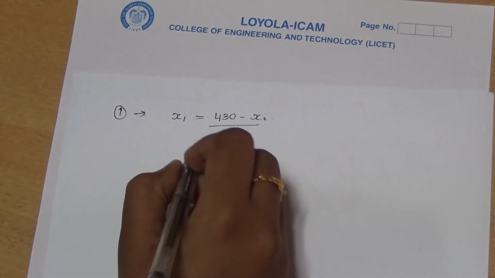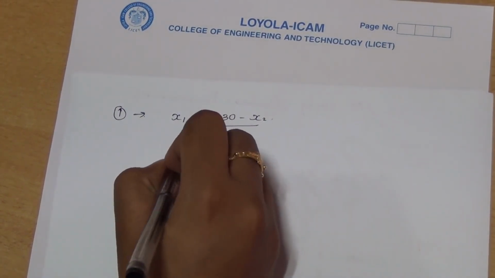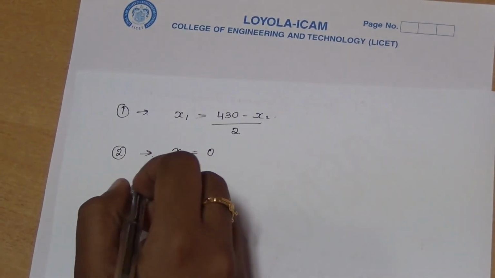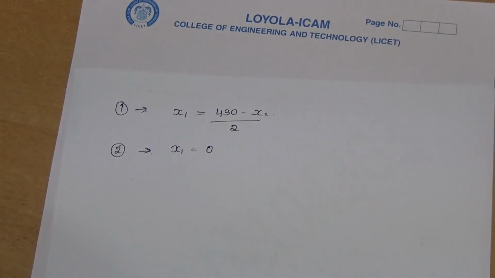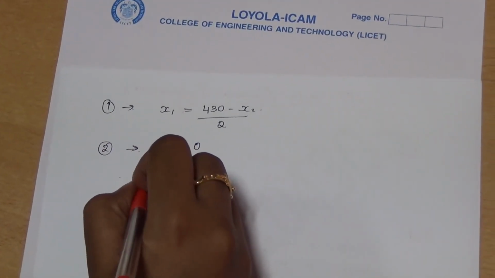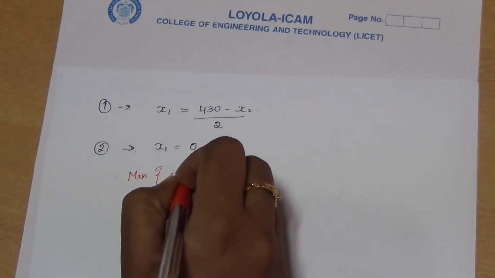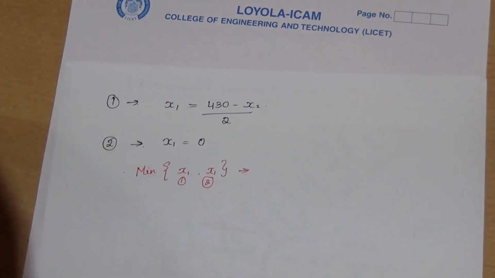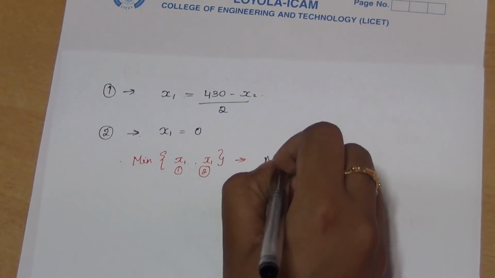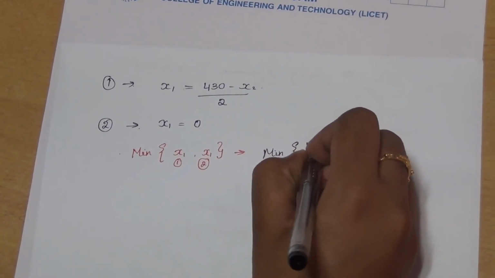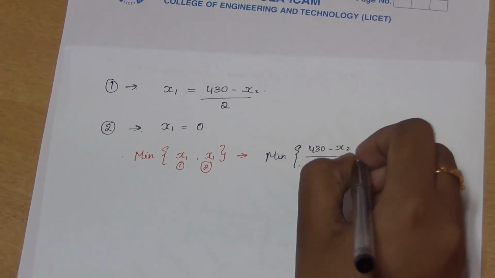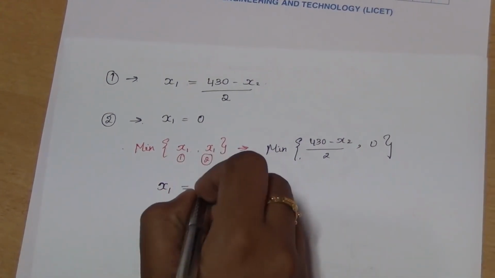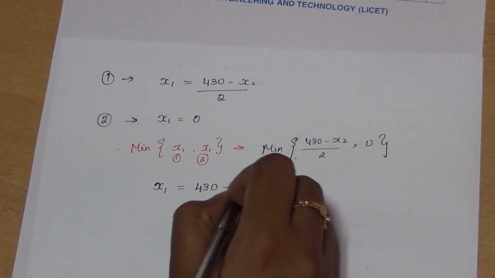Since we don't have x1 in the second constraint, from the second constraint the value of x1 will be 0. To find which x1 value to be used, the formula used is the minimum of x1 from constraint number 1 and x1 from constraint number 2. So the minimum of 430 minus x2 by 2, and 0.